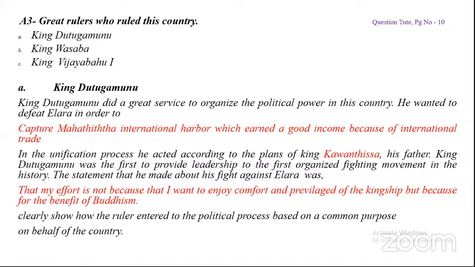Yeah, one king is exactly given. Because of that, you have to write one of these answers. Most of the times they have given Dutugamunu and they have given Vasaba also. Fewer times they have given Vijayabahu the first. Memorizing years is not compulsory, but some years you have to memorize, like the year that Ottoman Turks captured Constantinople, 1453.